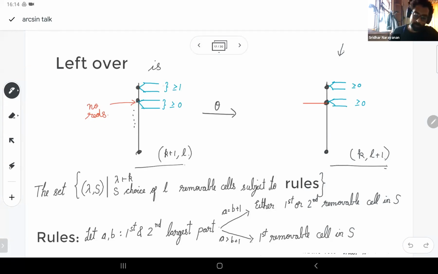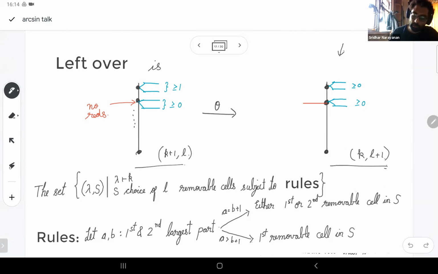So what happens when you carry out the involution on this? You take a blue piece, you're forced to push it down. So there is at least one blue piece on the top, and there may be some blue pieces here, but not a red. Then when you push down a blue piece, you get a red piece over here. There could still be some blue pieces on top, and there could still be some blue pieces here.